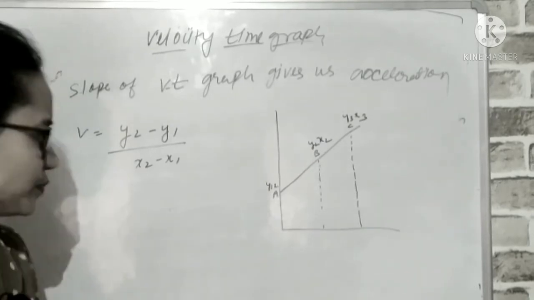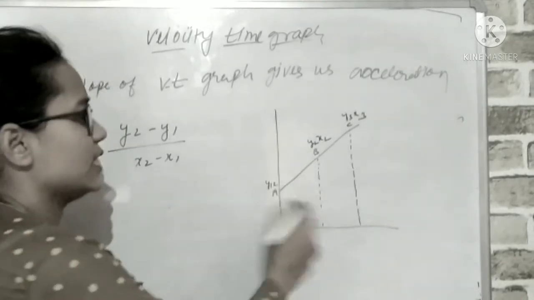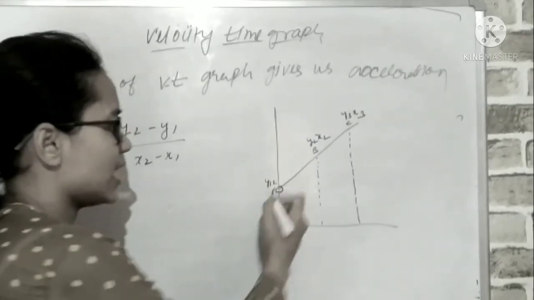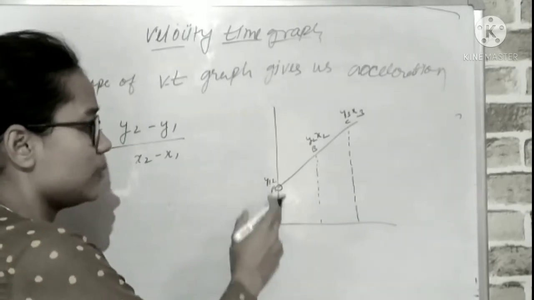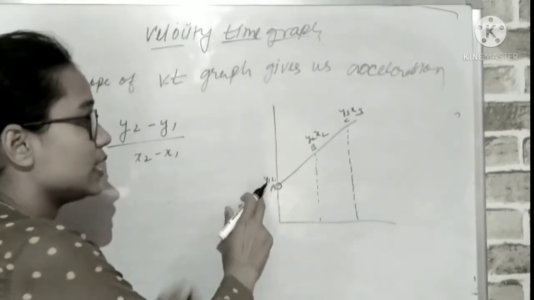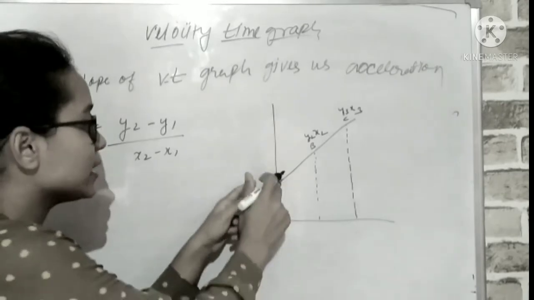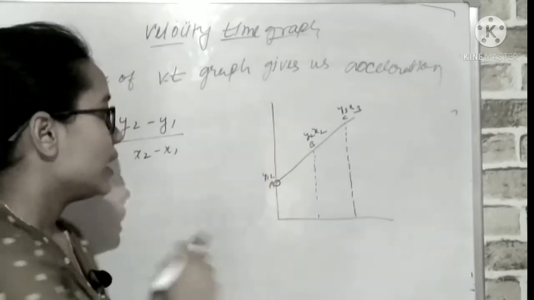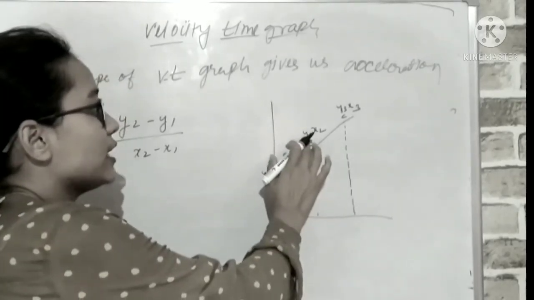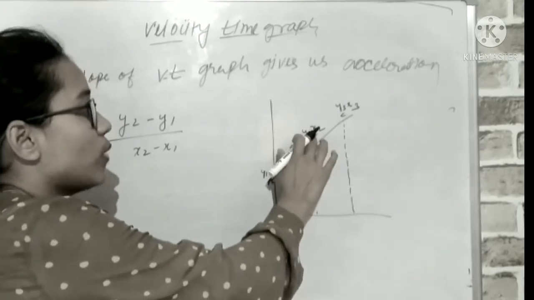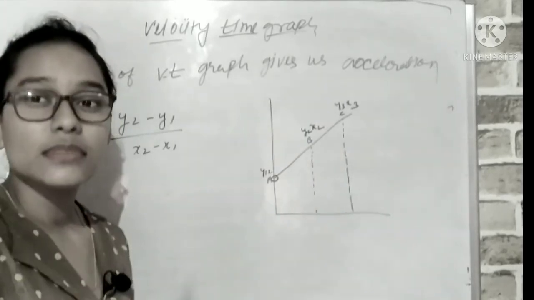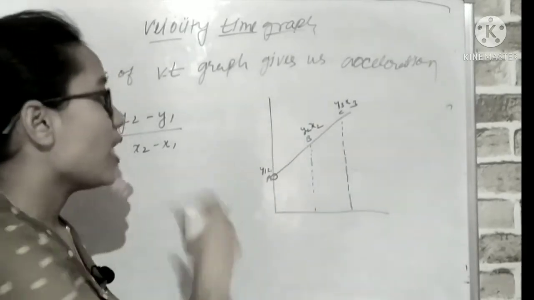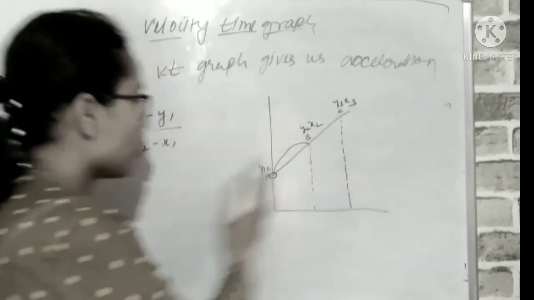We will see how. Suppose in this graph, what happened in point A? In point A, the initial velocity was y1 and the time taken was x1. Now, in point B, the final velocity is y2 in the time x2. Okay. Now, how will I find change in velocity from A to B?